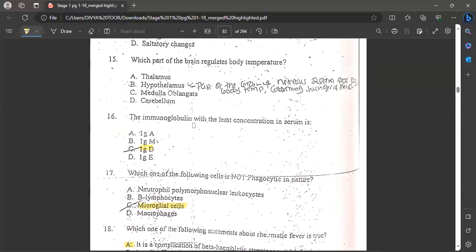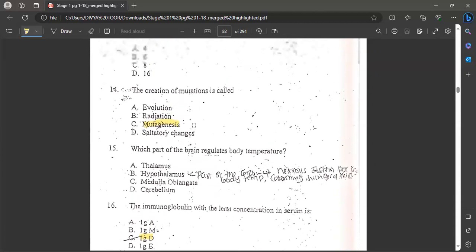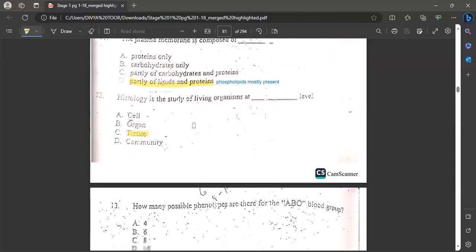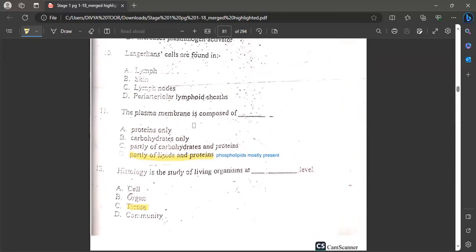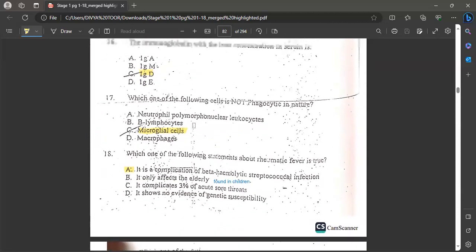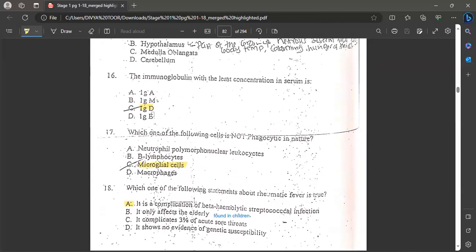Divya, the one with less concentration, number 16, I think. Less concentration is IgE. It's not IgD.